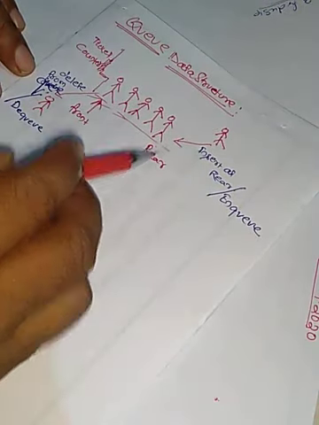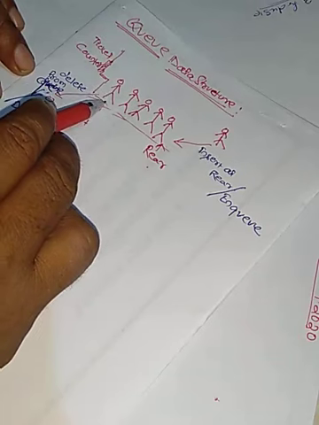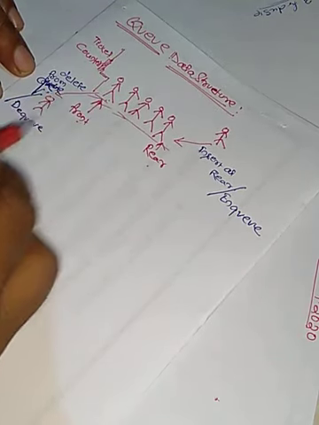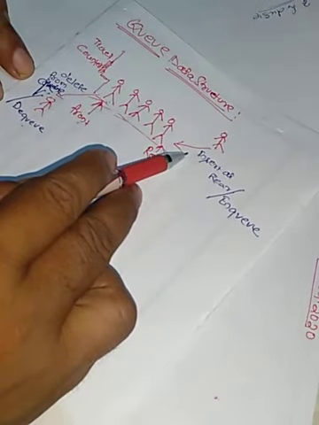That means we have two ends of the queue, one is the front end and the other is the rear end. Whenever we follow deletion, we follow it at the front.